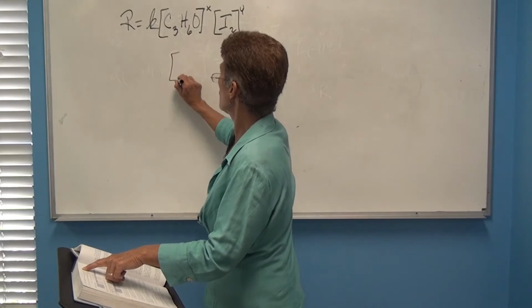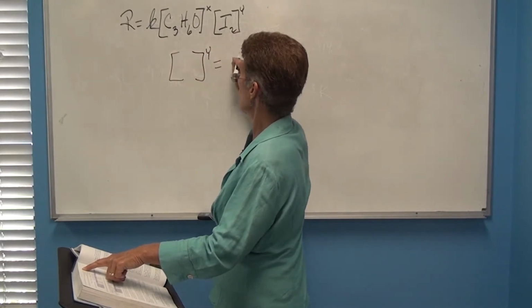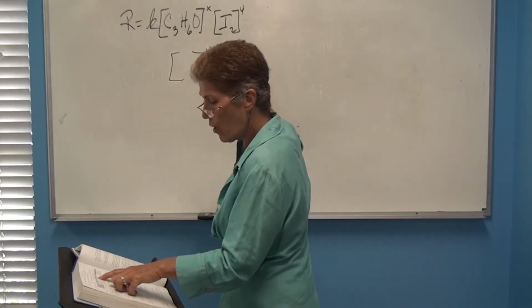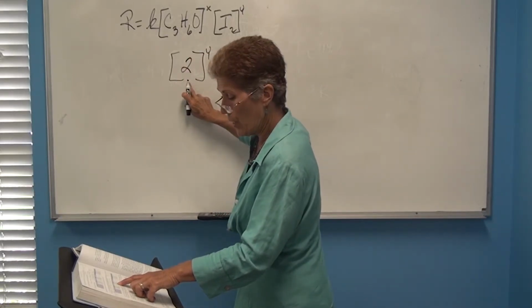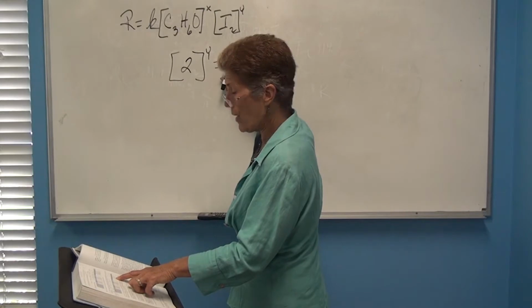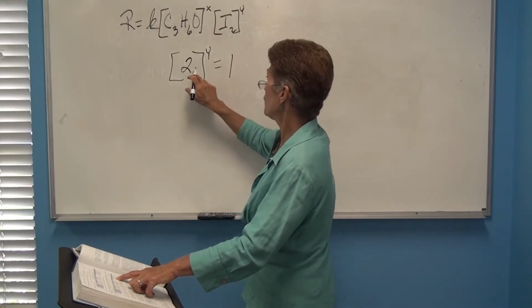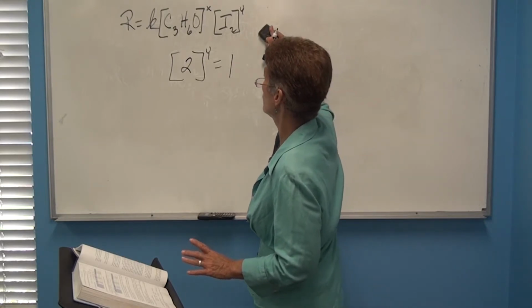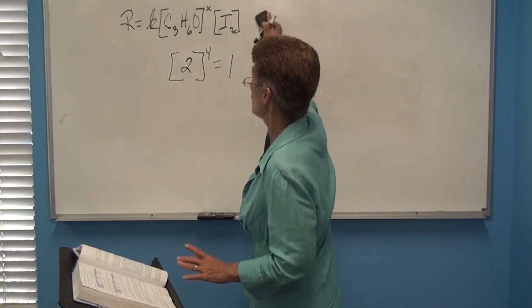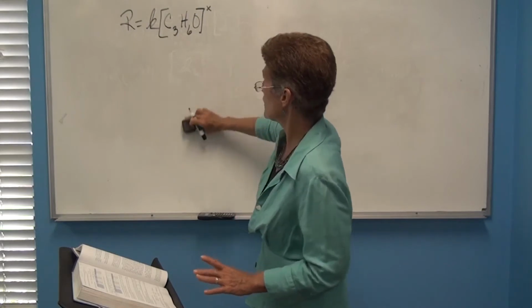So we know that the rate of this to the y equals whatever this is. Trial 1 to 2, this would be 2. But trial 1 to 2 on the far right, this is a 1. So y zeroes out on us. It's got to be a 0 to make it a 1. So that disappears, doesn't it?